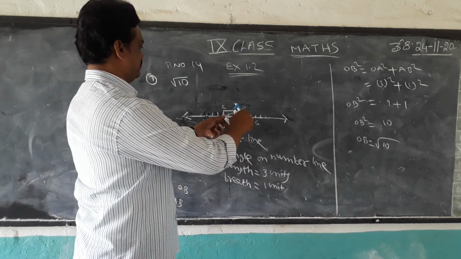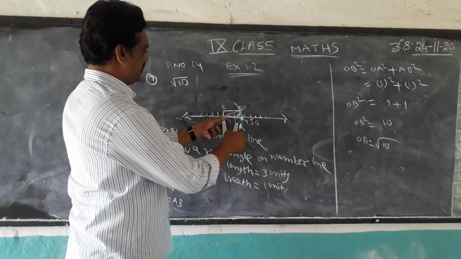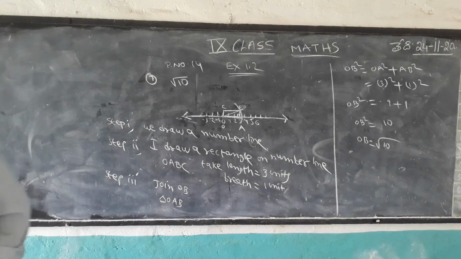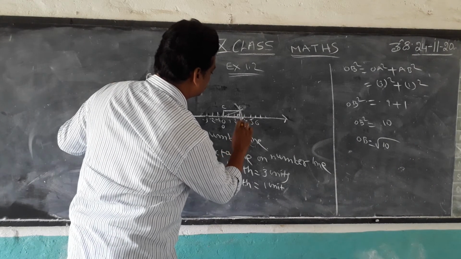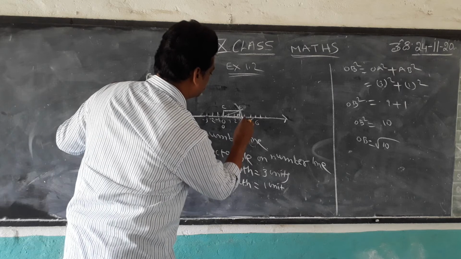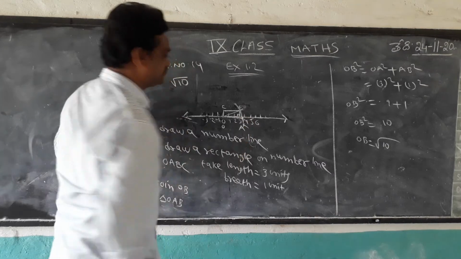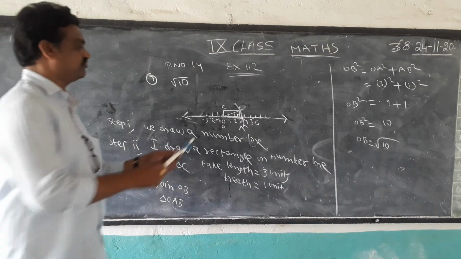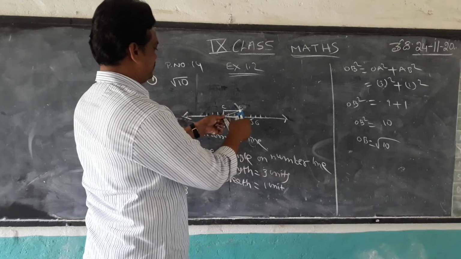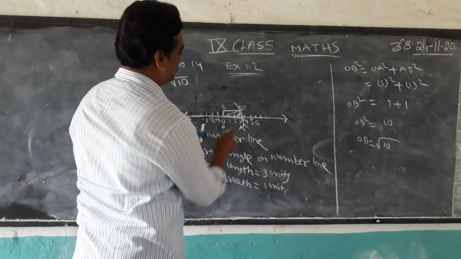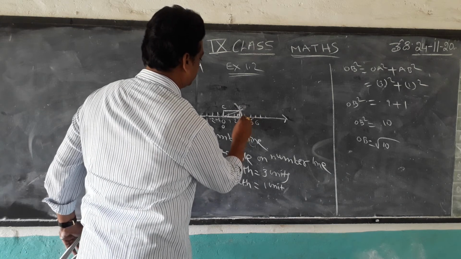The arc cuts the number line at a point. This point we call K.